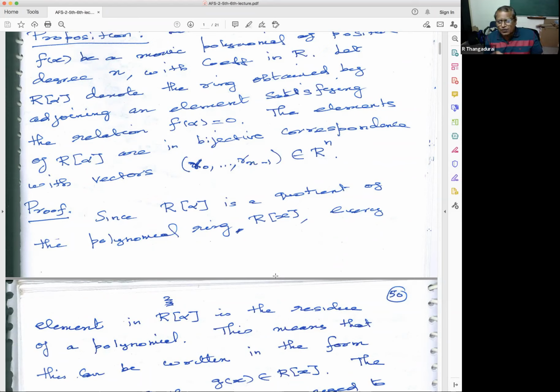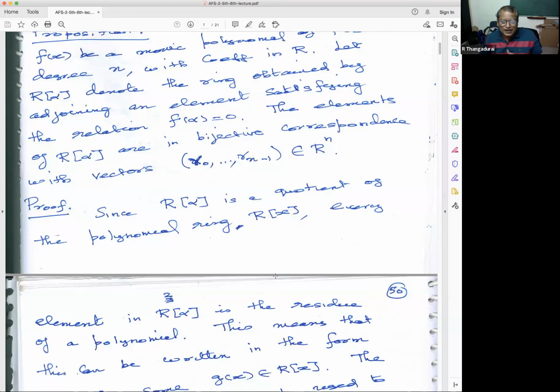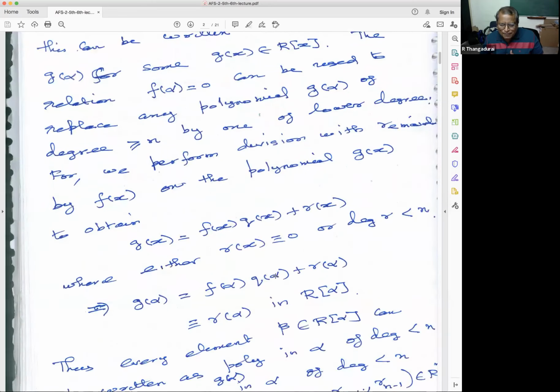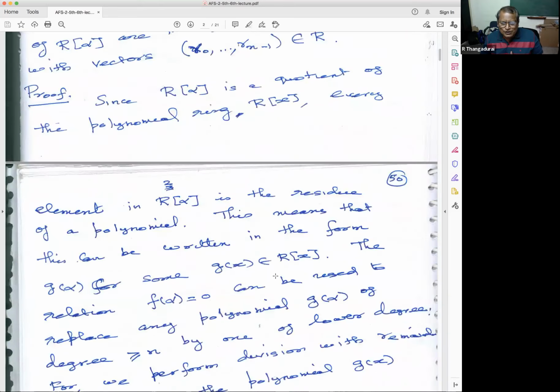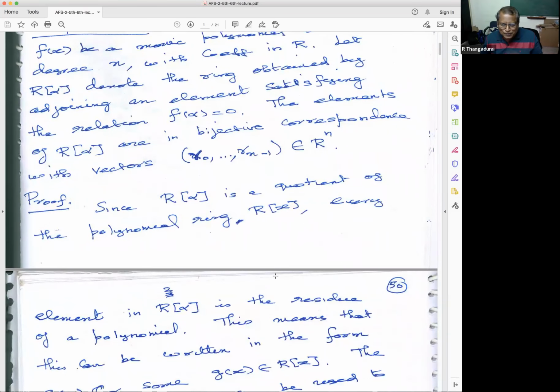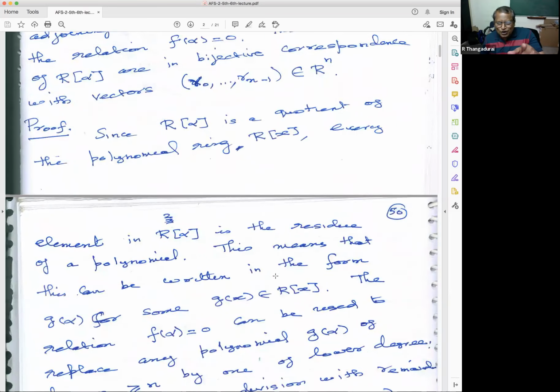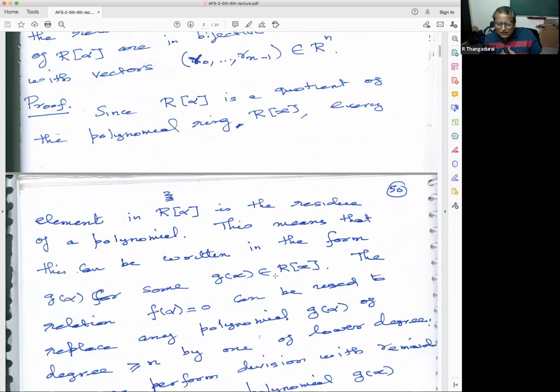Suppose r0, r1, ..., r(n-1) is given, then we form the polynomial r0 + r1 x + ... + r(n-1) x^(n-1). That gives r0 + r1 alpha + ... + r(n-1) alpha^(n-1), which is inside R[alpha]. So we have given a map. We want to say that it is a bijective correspondence in some sense. The ontoness is coming from here; injectivity we still want.